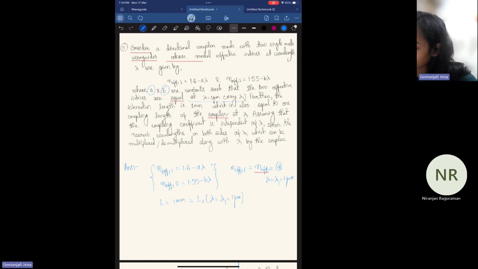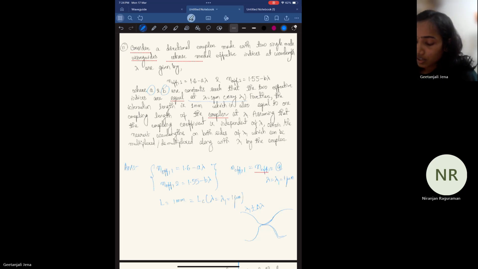So we have this coupler at lambda 1, and we need to find out the plus or minus delta lambda which can be multiplexed and demultiplexed through this system, when n effective is 1.6 minus a lambda and n effective 2 is 1.55 minus b lambda. So let us first calculate the values of A and B.